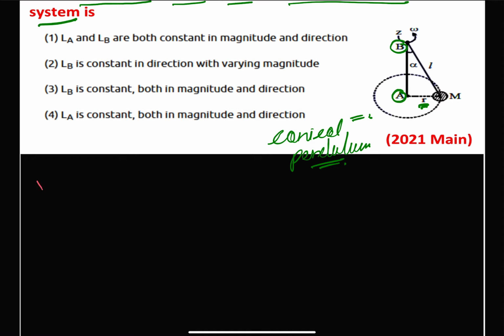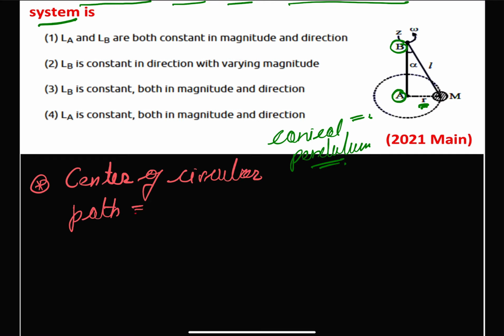So we consider the center of the circular path, which is our A, and we assume that it has a coordinate of 0, 0, 0.